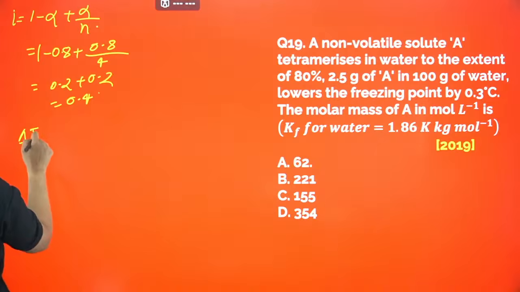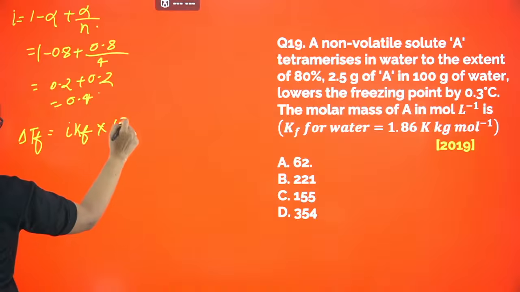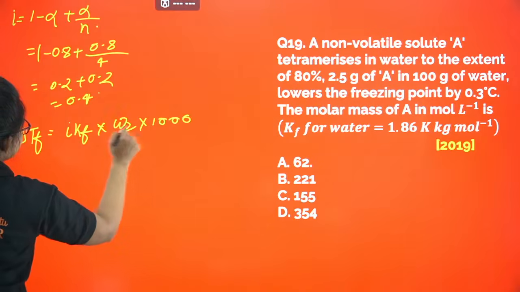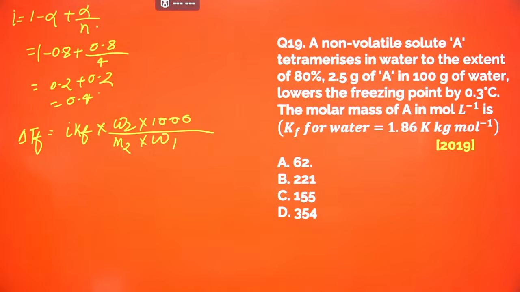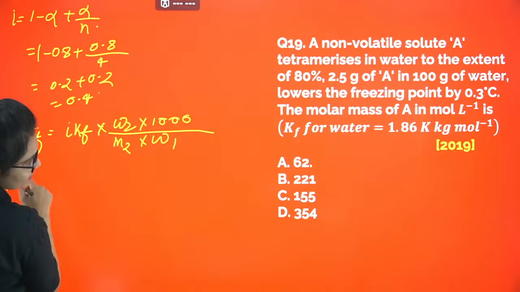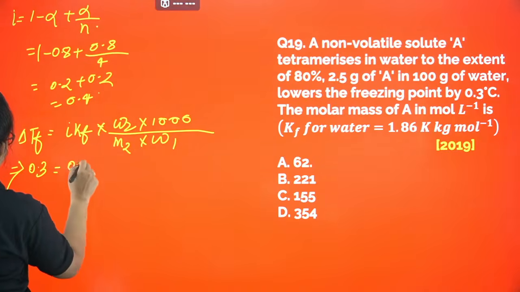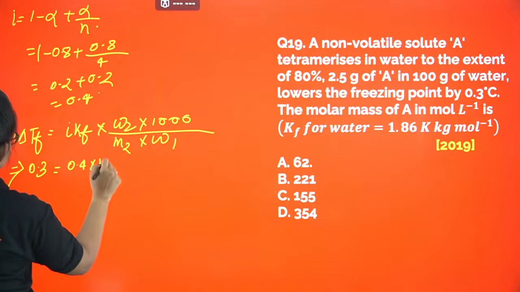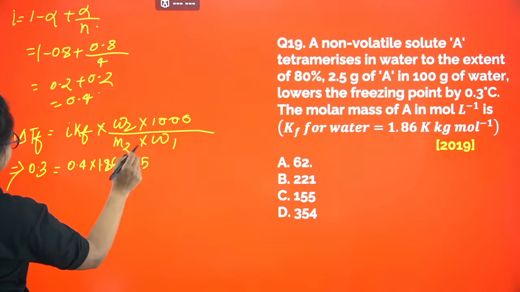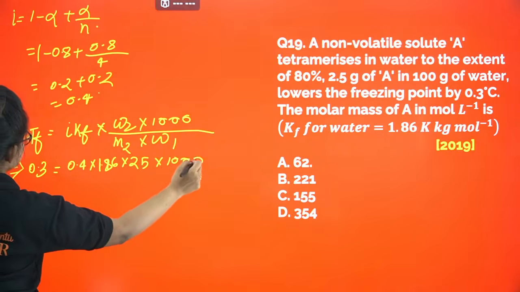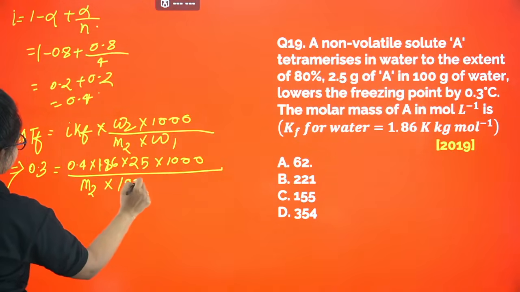From here delta TF is I into KF into W2 into 1000 divided by M2 into W1. Let's put delta TF, they are saying it is 0.3, equals 0.4 into 1.86 into 25, weight is given, 25 into 1000. M2 we have to find out, molecular weight, into 100.